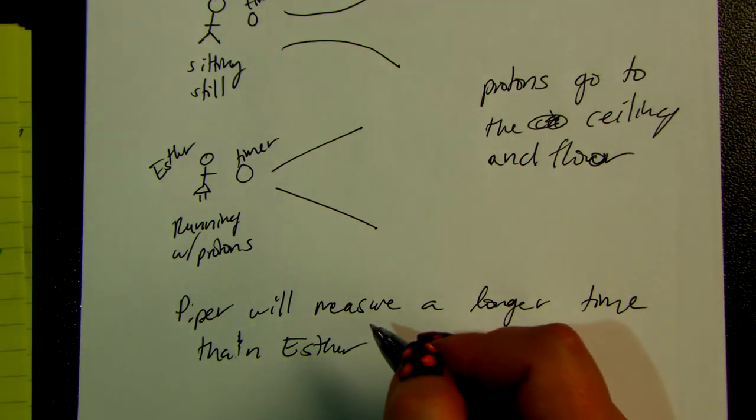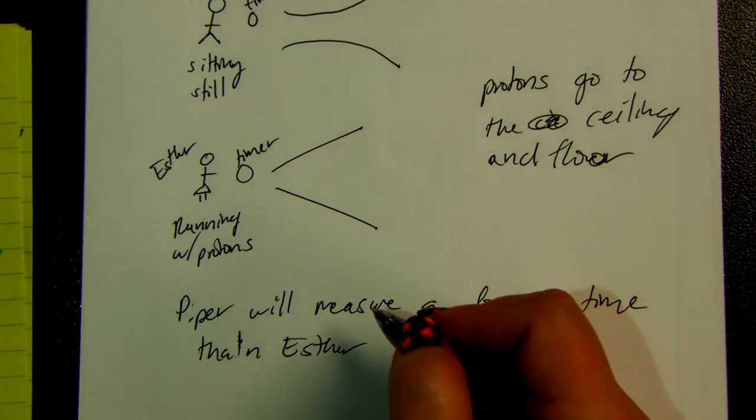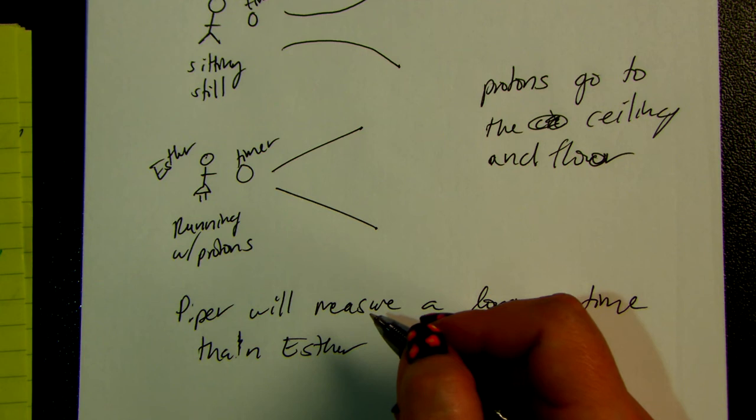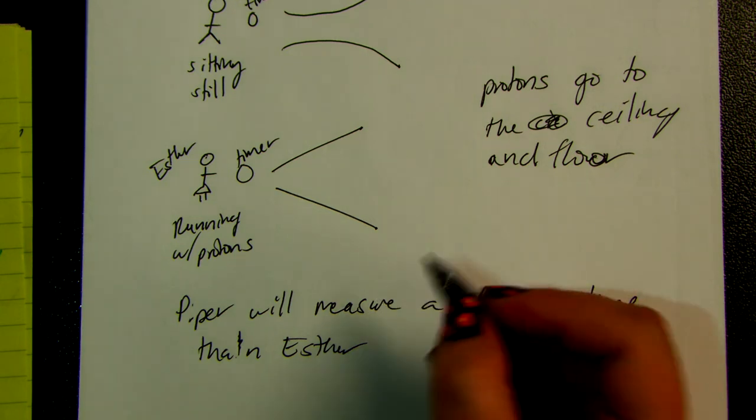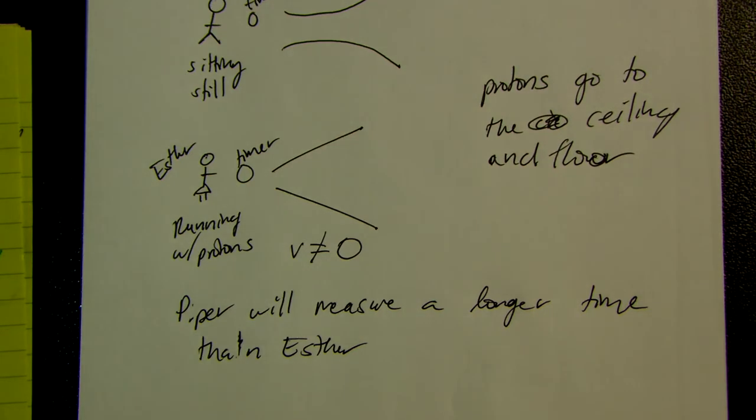So the process takes the same amount of time, but Esther's timer is in a moving reference frame, and therefore time moves more slowly because V is not equal to 0. And this, by the way, is the crux of the famous twin paradox, where if you send one twin into space and he's constantly moving, he will experience time more slowly than the twin who's left on Earth.